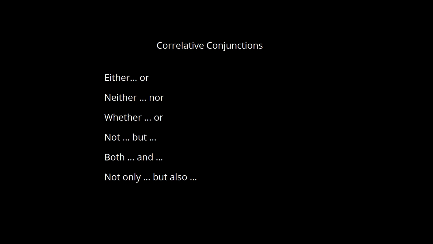Our second conjunction is the correlative conjunction. The correlative conjunction is a pair of conjunctions that work together. So I like to think of these as relatives, cousins maybe, and they're working together to do the job. So these are either or, neither nor, whether or, and so on.